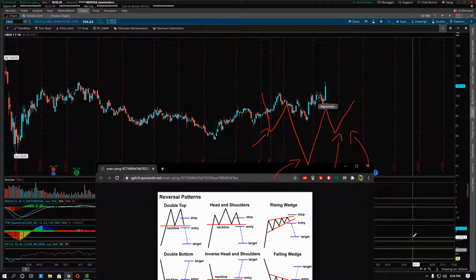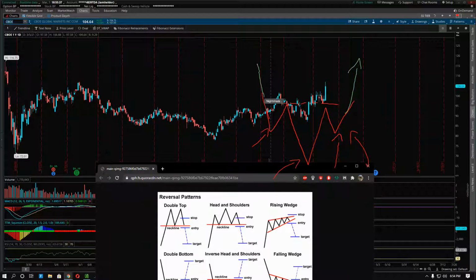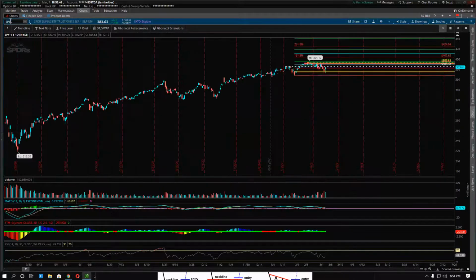Whenever you break this pattern, you are expected to continue upwards to your initial entry or wherever the neckline might have started. So I think SPY might be forming a bit of an inverse head and shoulder. We'll see what happens.